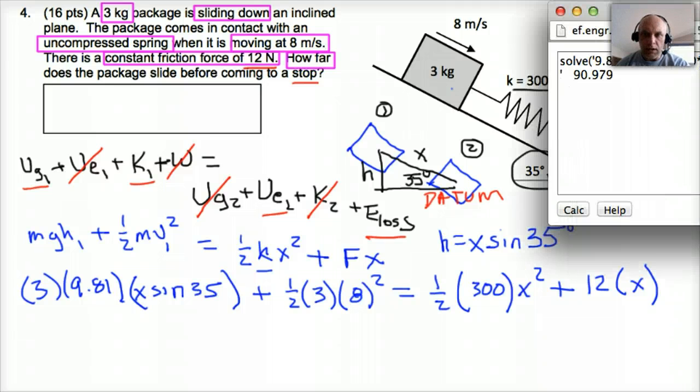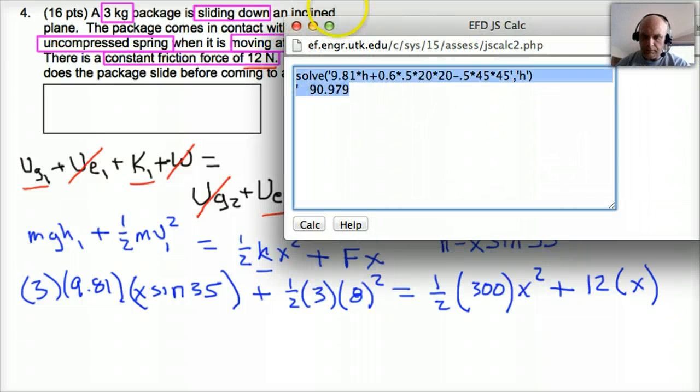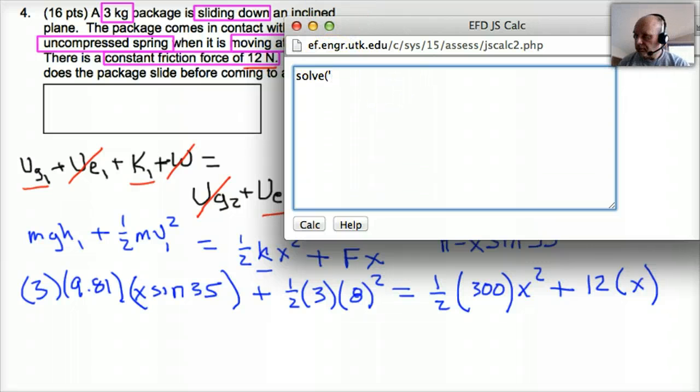All left to do is solve it. Again, I'm doing this to sort of simulate the time it takes. Hopefully you can do this on your calculator just as quickly. Setting everything equal to 0: 3 times 9.81 times x times sine 35 plus 0.5 times 3 times 8 times 8.